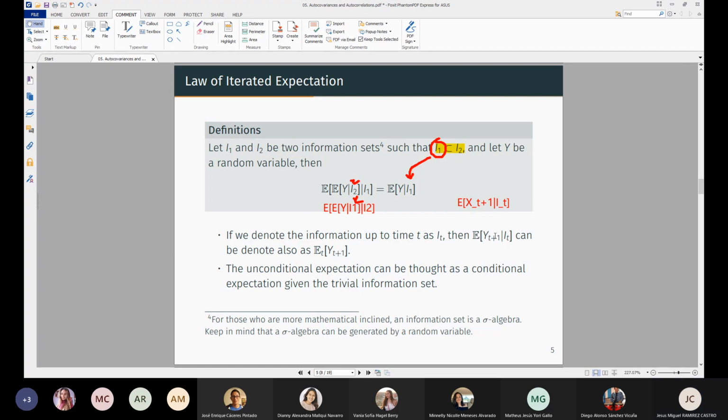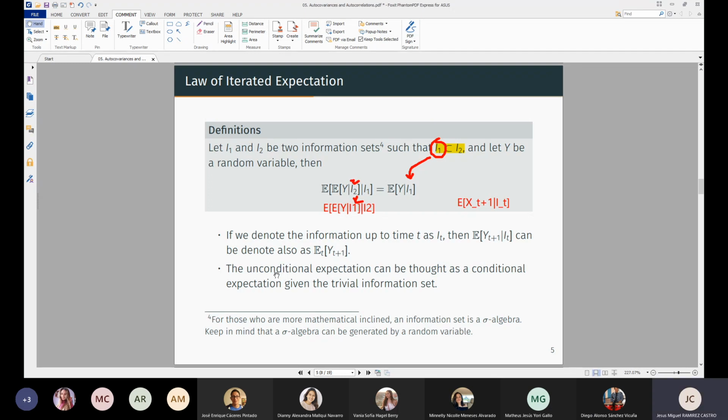The result, we don't know what will happen. That depends on the random variable, or time series, here. Did you get it?